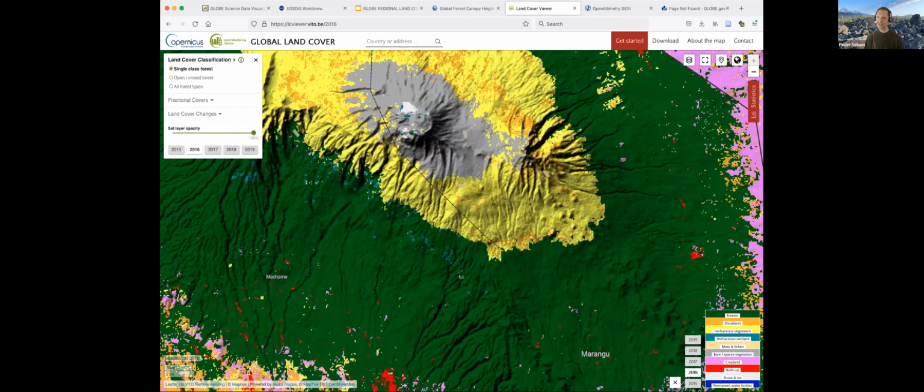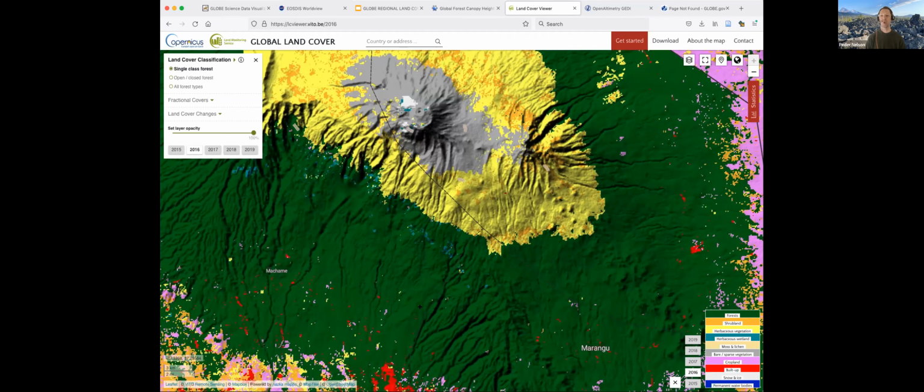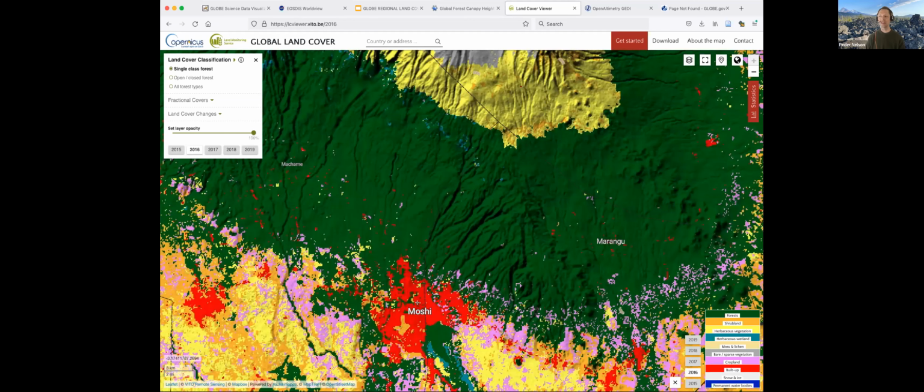All of those things have wide-ranging effects downstream, or down mountain. These are the things we're dealing with right now. And since we don't have information, we're having to go to less robust information, which might not tell the actual story of what's happening on the landscape in the way that we need it.